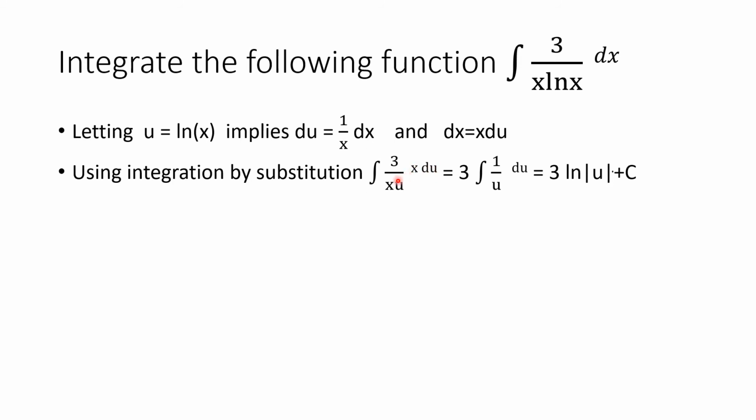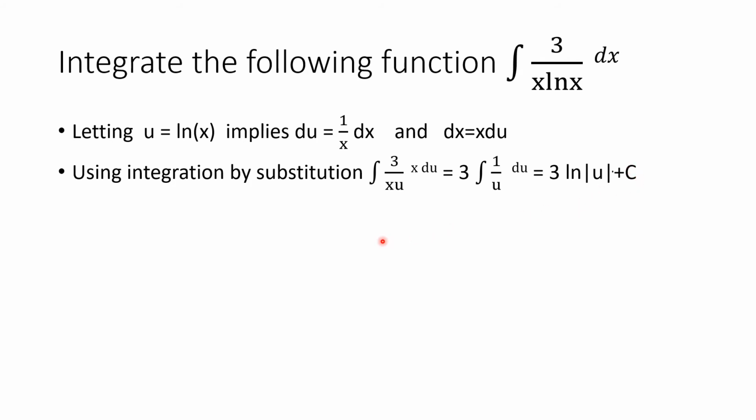Now we can see that the x cancels with the x, and we have just integration of 3 divided by u du. So we take the 3 out, we'll have 1 divided by u du. Since the derivative of u is equal to 1, because we're integrating with respect to du, then this will yield 3 ln of the absolute value of u plus a constant, because we don't have a lower limit and upper limit, and that's why we have to put the constant of integration.